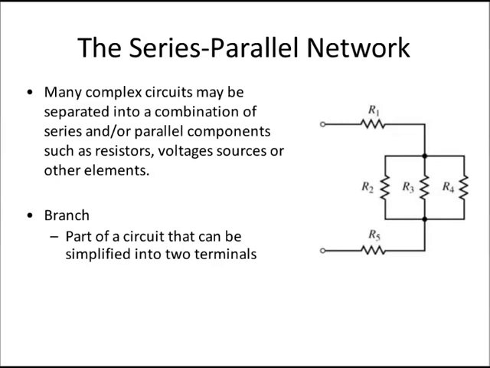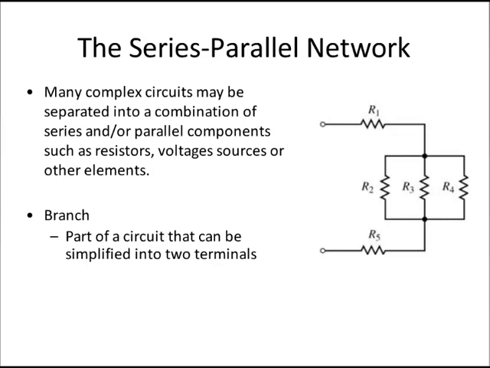For example, if we were to have IT coming into the left-hand side of R1, once it reaches the right-hand side of R1, then it would branch off into the three parallel resistors, R2, R3, and R4. But as we have discussed in previous lectures, at the bottom of those three parallel resistors, the currents would all join together to form IT again and flow through R5.